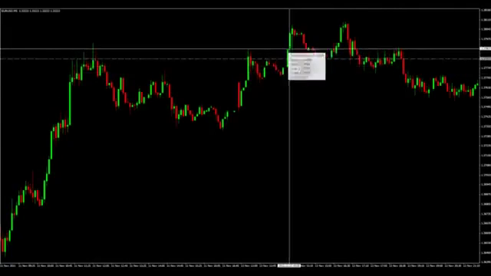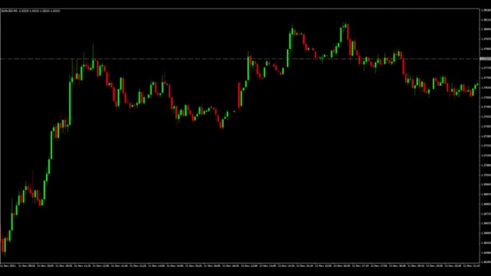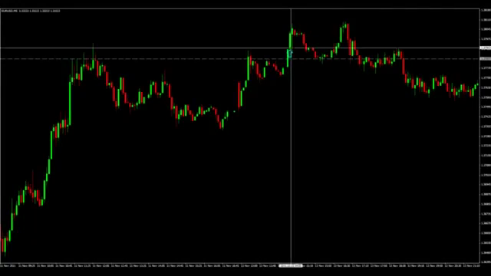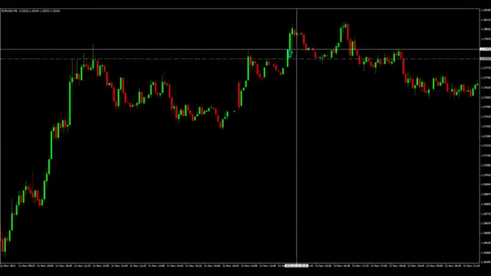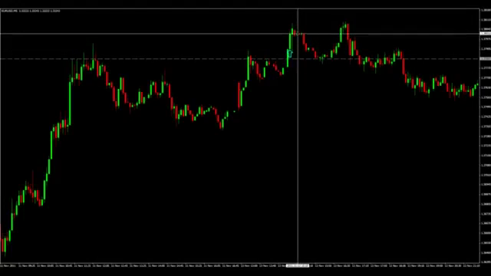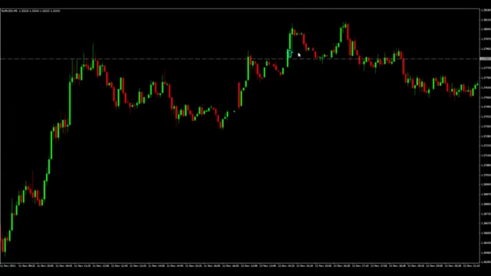So as soon as it broke up right here, we're going to be taking a call right there, and this is the 55 bar, so we're going to be waiting. Our expiry would have been on about the 1510, so it would have been about an 11 pip win.